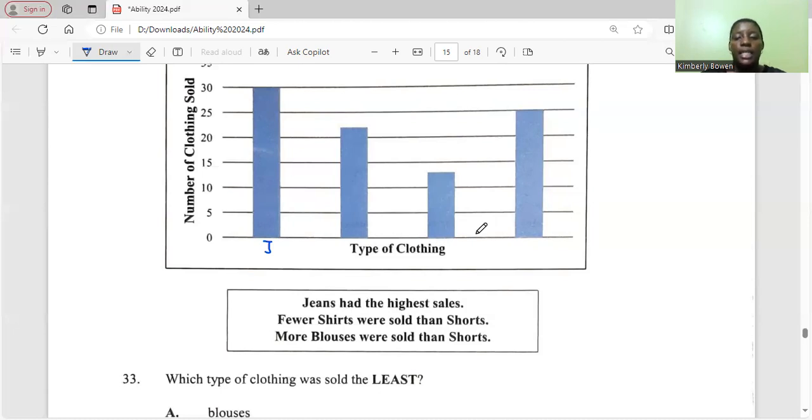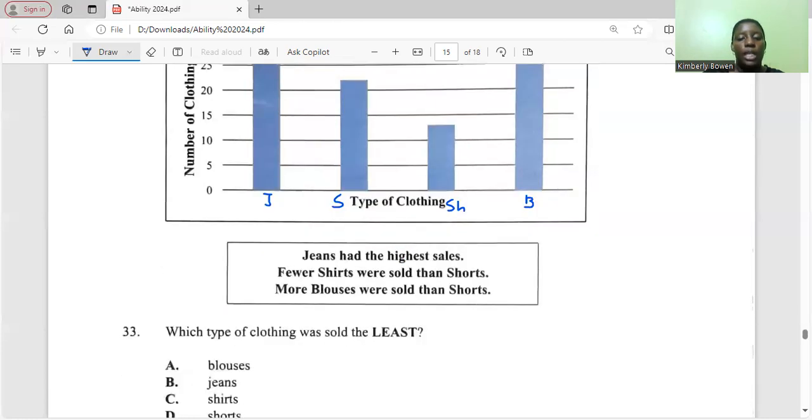So I can say that this is blouses. And then there were fewer shirts than shorts. So I'm going to put just an S for shorts and an SH for shirt. I think that adequately labels our bar graph there.